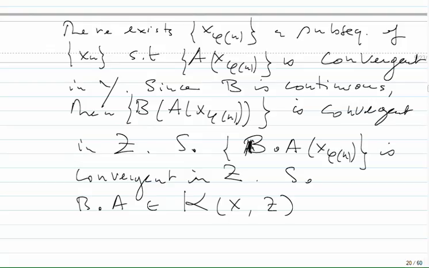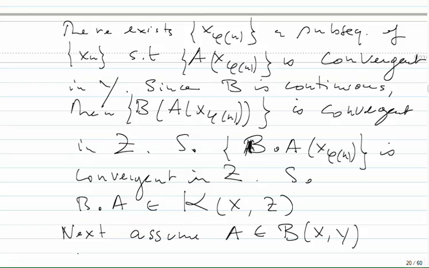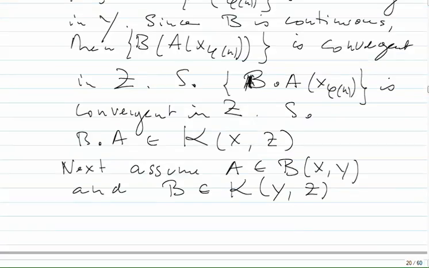Next, assume A belongs to B of X,Y, so it's a bounded linear operator, and B is compact from Y into Z. Okay?